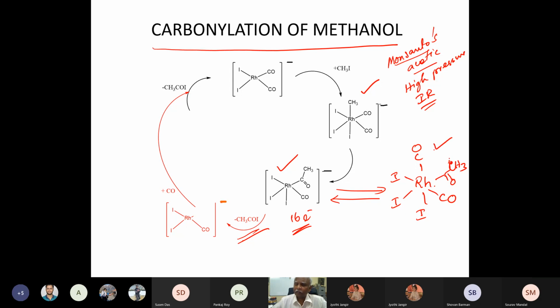So it's a process which is very well accepted as the possible catalytic cycle.